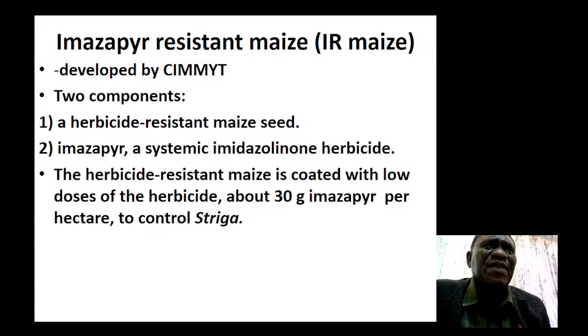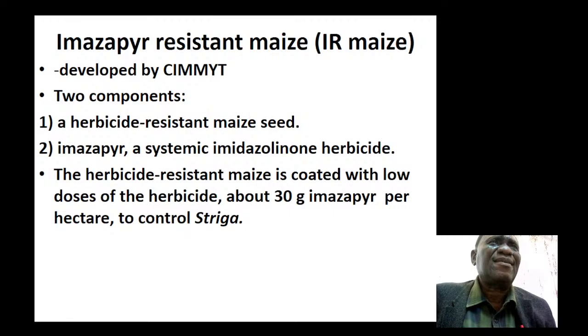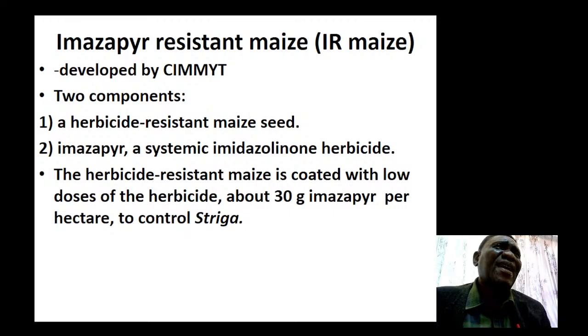Now, one of the most effective ways of suppressing Striga is to use imazapyr-resistant maize, or IR maize. This IR maize was developed by CIMMYT. So the control strategy has two components.